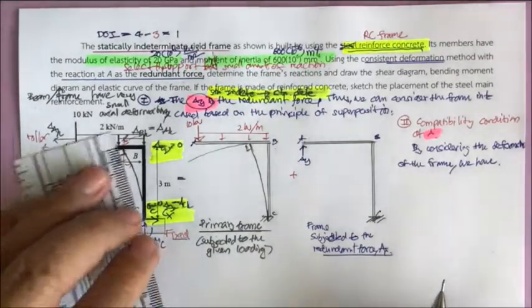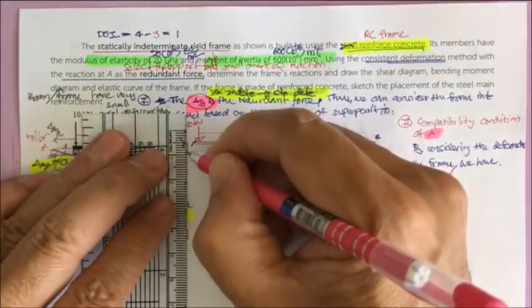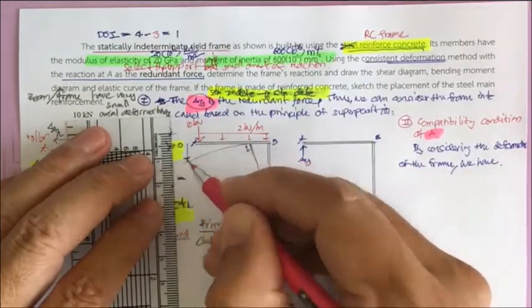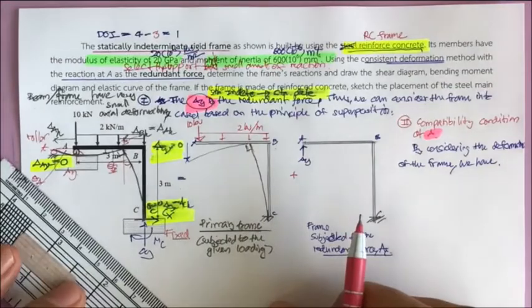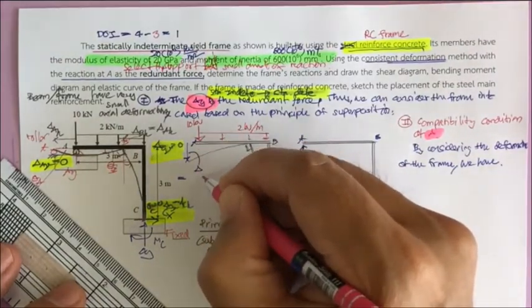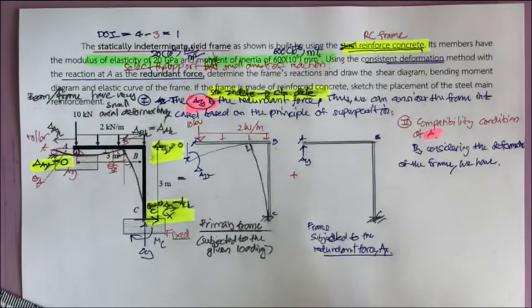So this is going to be the deformation of this beam, and since A sub Y is the redundant, we're interested in this. What is this? This is going to be the delta at A in the vertical direction for this one.